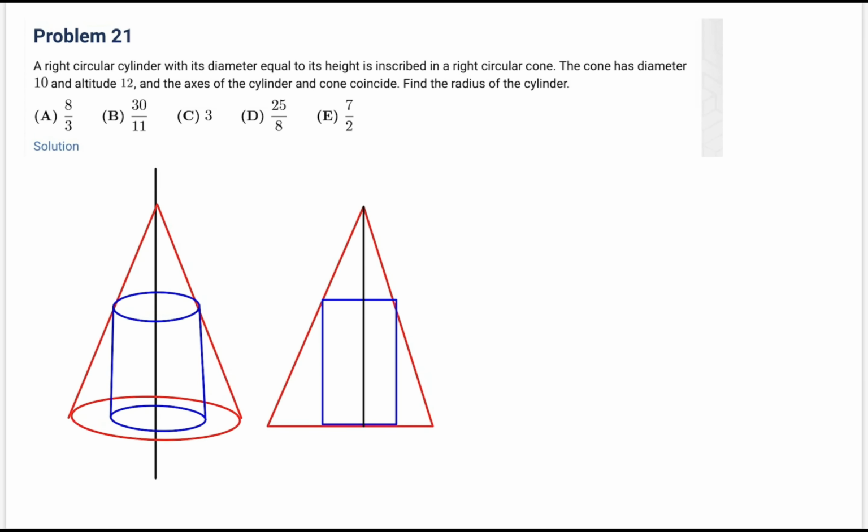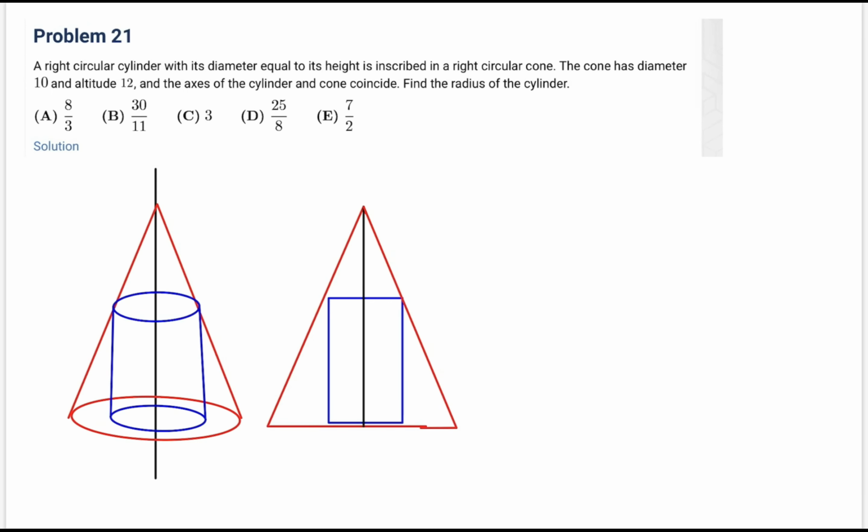It doesn't really look isosceles, so let's try red isosceles triangle like this. Yes, that's better now. So we'll be doing it like this.